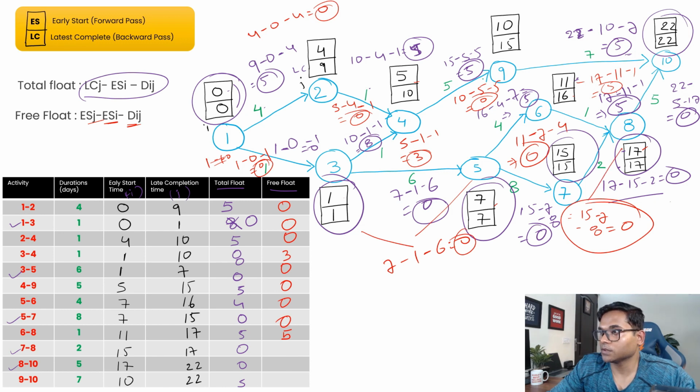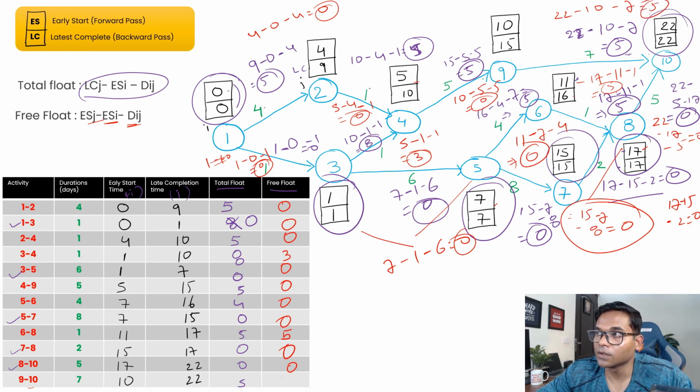So just take 17 minus 15 minus 2, which is 0. 8 to 10 is this one. So we have 22. This is 17 minus 17 minus 5, which is again 0. And then 9 to 10 is this one. So 22 minus 10 minus 7, which is 5. So we'll take 5. Okay.